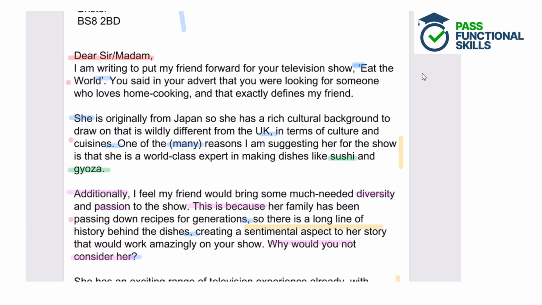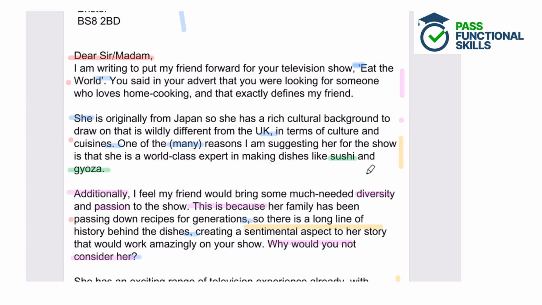We also have paragraphs that have been ordered logically. So we've started by introducing what the letter is going to be about. Then we have various reasons why our friend would be a good candidate for the show.